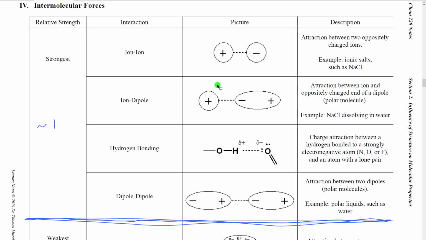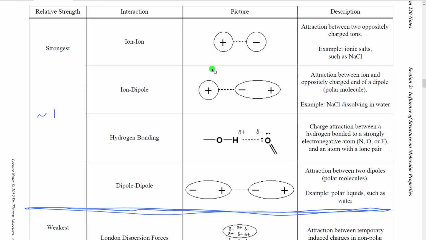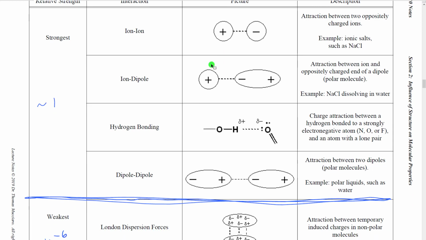Okay, so what are intermolecular forces? Well, intermolecular forces are forces that operate between two separate particles. Those particles can be ions, or they could be molecules, and that's why we use the term particles.